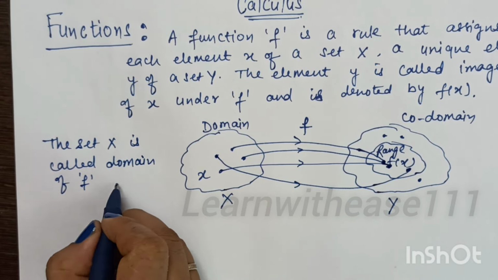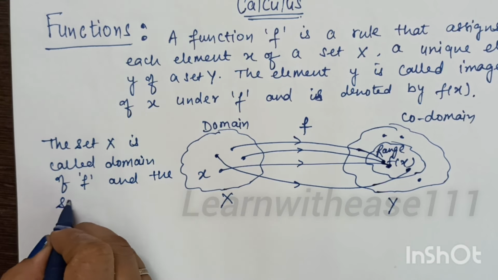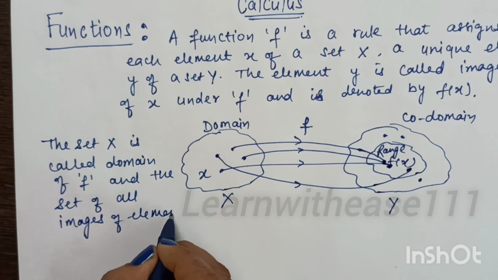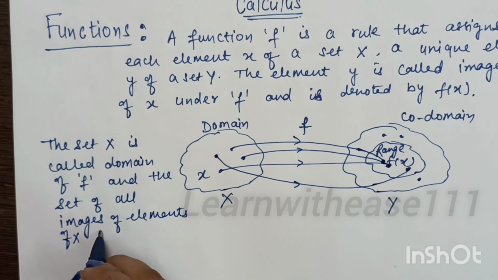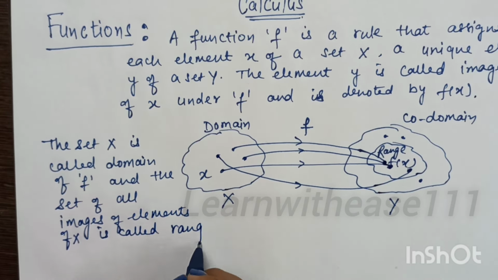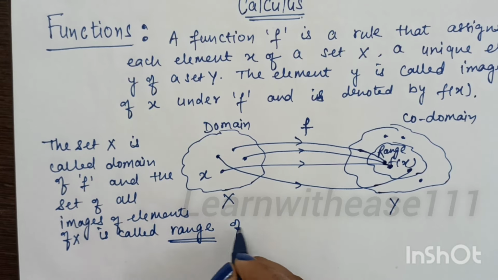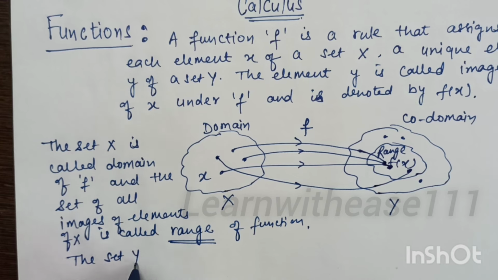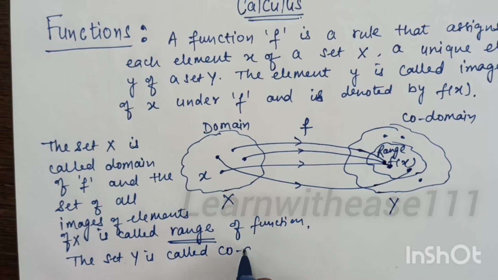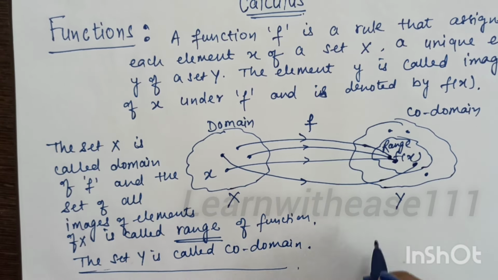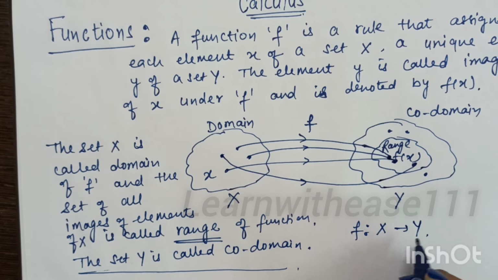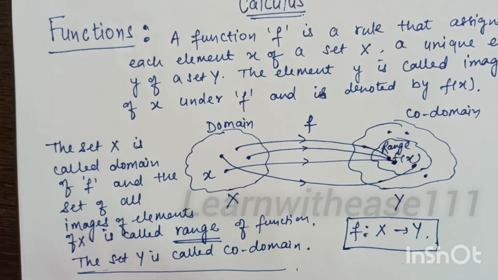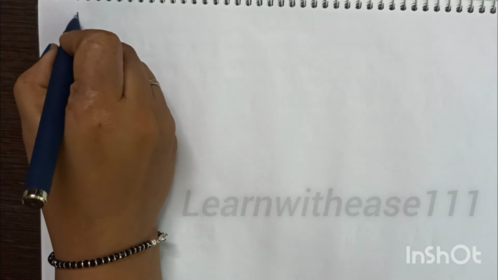So the set X is called the domain of f and the set of all images of elements of X is called the range of the function. The collection of elements in Y which got pre-images in X, meaning which got connected from the set X, is called the range, and the whole set Y is called the codomain. We'll study about them in detail later on. Right now this is the basic definition of function, and the function here is defined from X to Y.